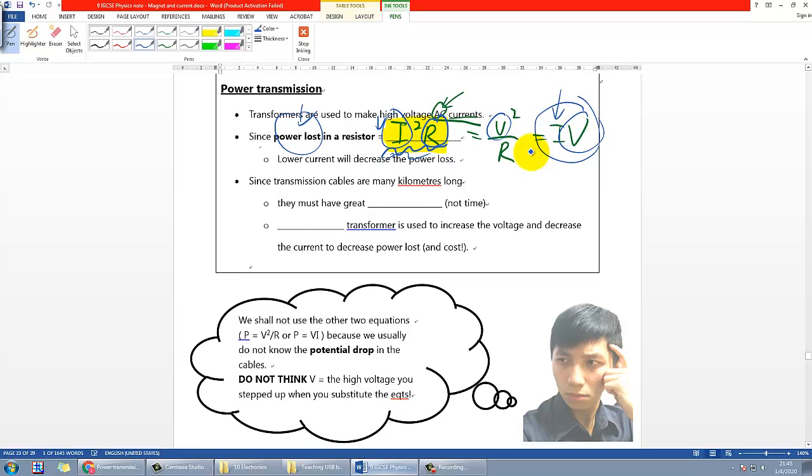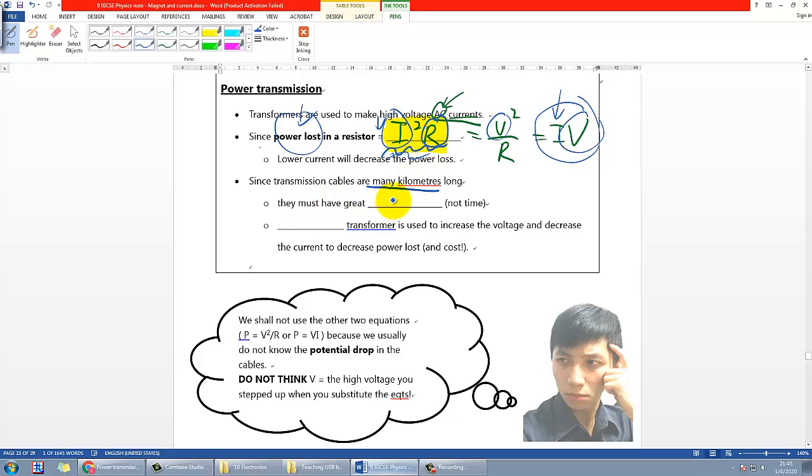The other thing is the transmission cables, like those you see around the mountain when you go hiking, you usually see those transmission cables and stations, they are many kilometers long, so simply very long.